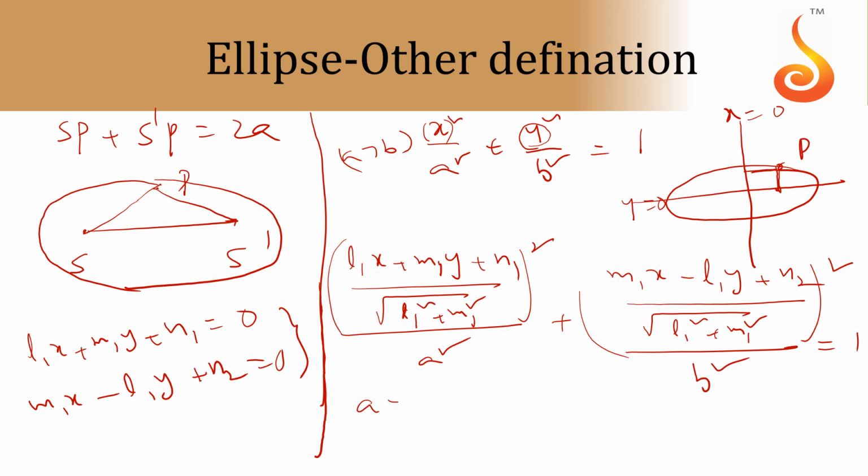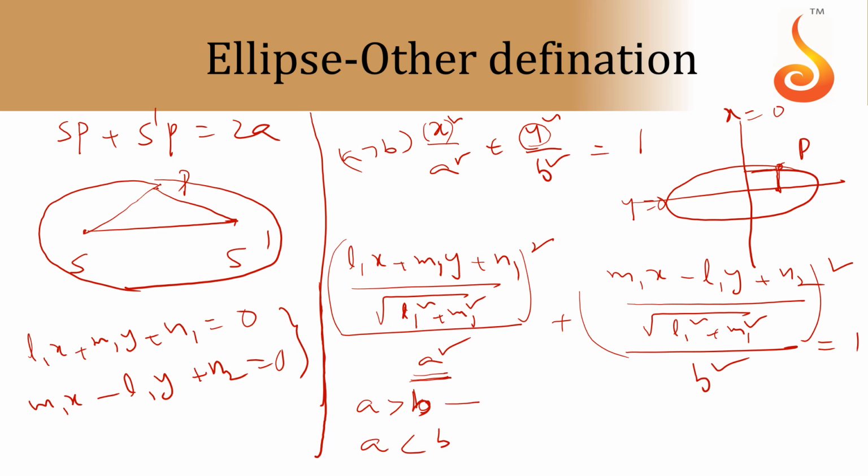Suppose I say a is greater than b, so a should be major. So above a square you should have the perpendicular distance to the minor axis, and obviously the other one will be the major axis. Suppose a is less than b, so which is greater, b. So above b, which is greater, you should have the length of perpendicular from P to the minor axis.